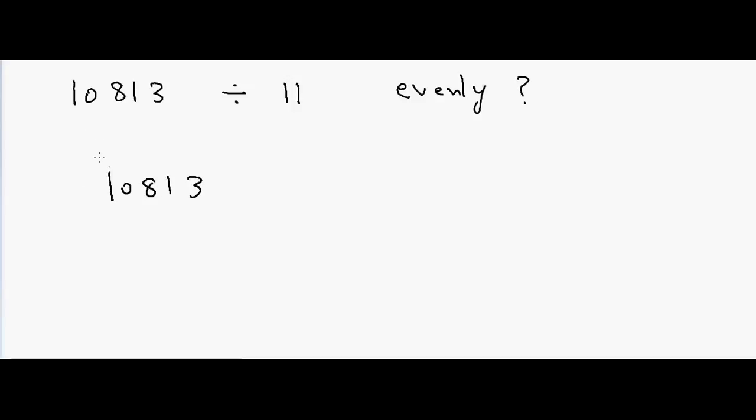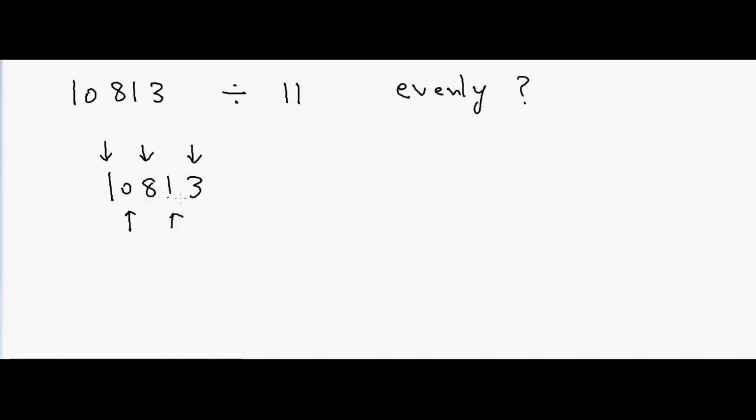Here we are looking at whether a number is divisible by 11 evenly. Suppose I have a large number, 10813, and I want to find out if I divide this number by 11, will it divide evenly? How will I do that? In that case, I take 10813, and I take the alternate digits 1, 8 and 3, and I take the other alternate digits, and I add them together.